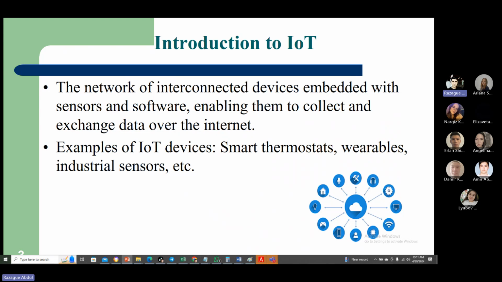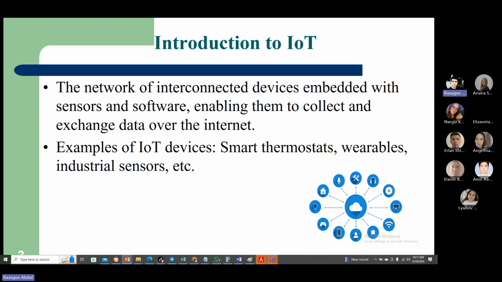These devices interact with the physical world through sensors and actuators that capture data about their environment and perform actions based on the data. And they also provide connectivity, meaning how we connect IoT devices.